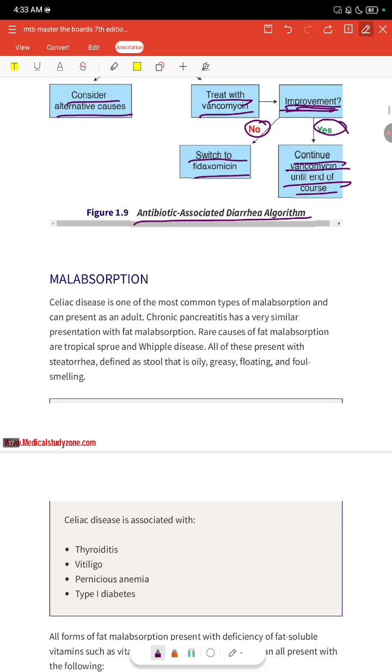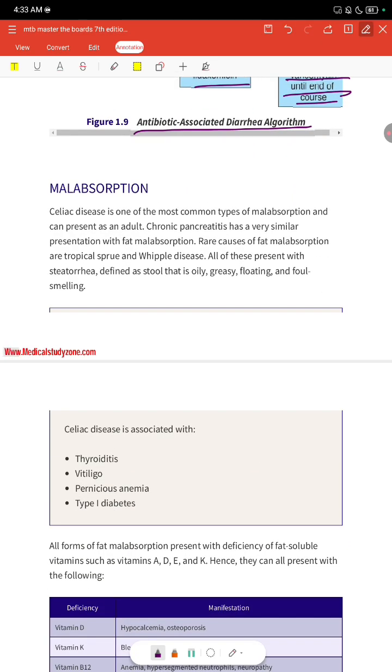Malabsorption. Celiac disease is one of the most common types of malabsorption and can present in adults. Chronic pancreatitis has a very similar presentation with fat malabsorption. Rare causes of fat malabsorption are tropical sprue and Whipple disease. All of these present with steatorrhea.